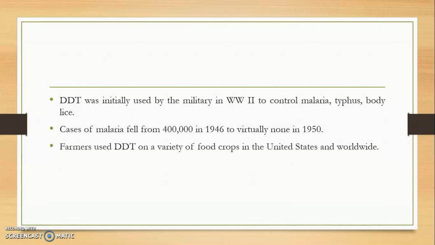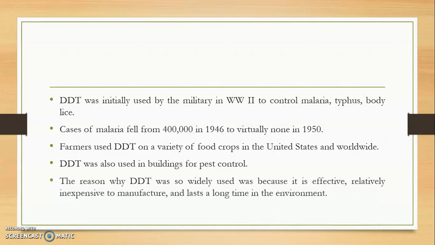Farmers use DDT on a variety of foods as well as crops in the United States and worldwide. DDT was also used in buildings for pest control because it is a powerful insecticide. The reason why DDT was so widely used is that it is effective, relatively inexpensive to manufacture, and its effect lasts for a long time in the environment.